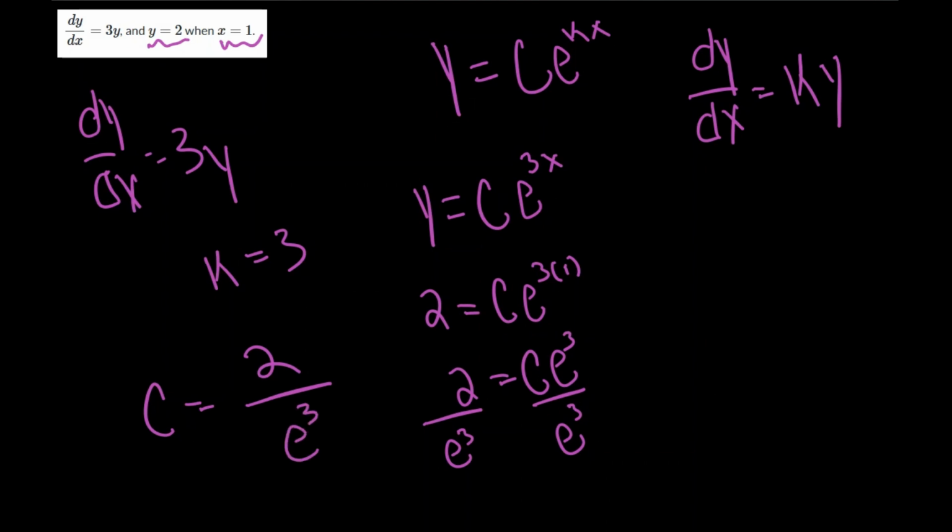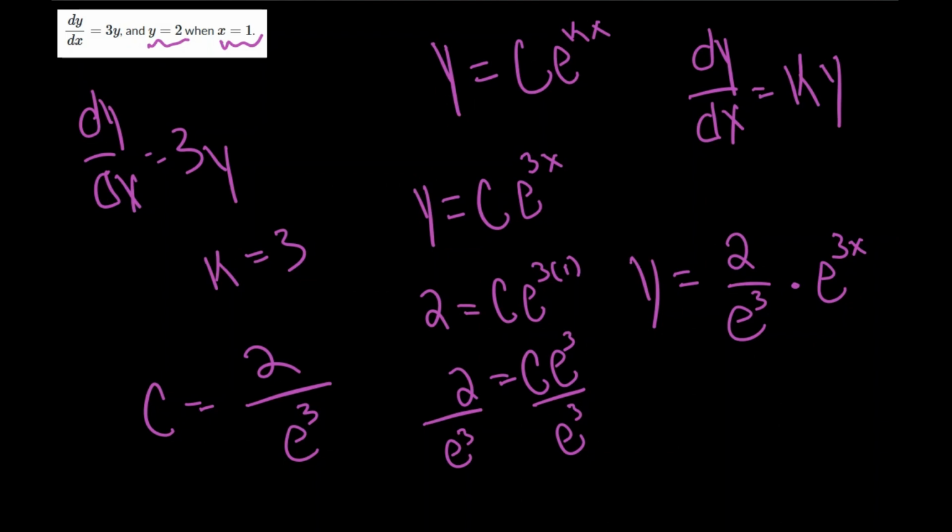Now we can plug in everything, right? So we have y is equal to 2 over e to the power 3 times e to the 3x. So notice how we removed our c value. Now this is a particular solution to the proportional differential equation.